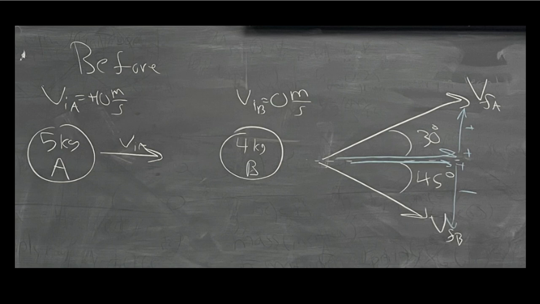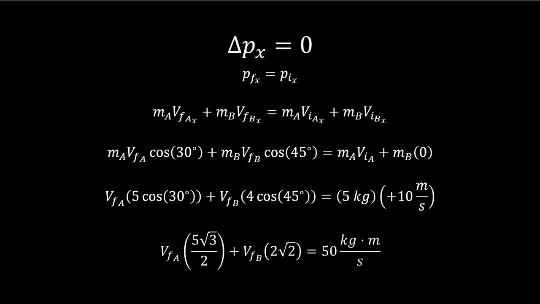And for objects A and B, the x components of their final velocities are both to the right, or they're both positive. That's why our fourth line is as it is.